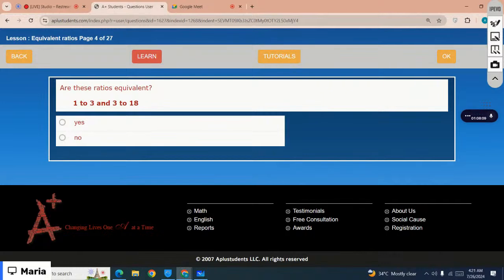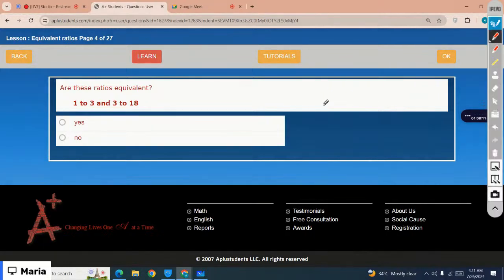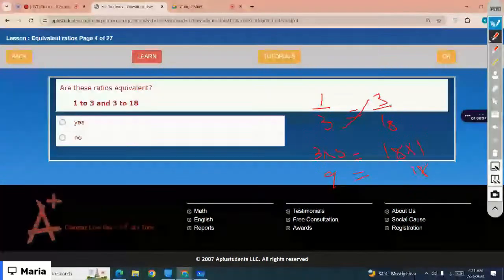And 18 times 1 is 18. So they are not equivalent.